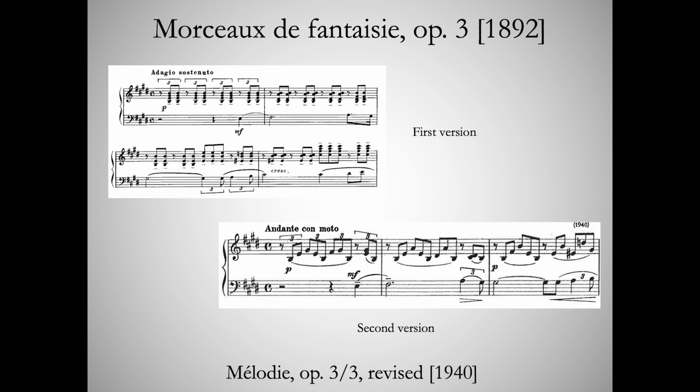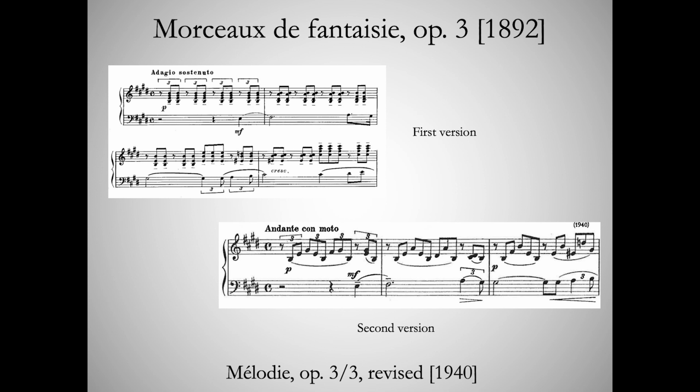The most famous of these pieces is the Prelude in C-sharp minor, which is number 2. You've probably heard that piece a lot, but maybe not the others. These were finished in 1892. Around 1940, Rachmaninoff decided to revise two of them: the Melody and the Serenade.